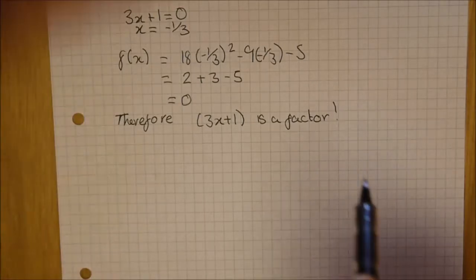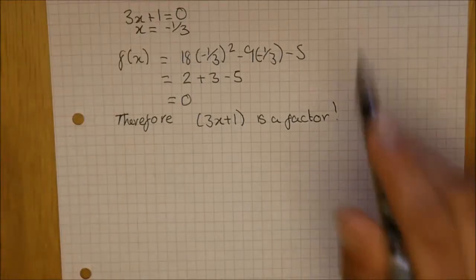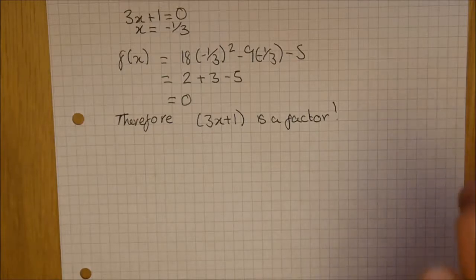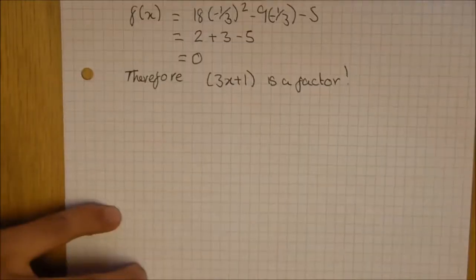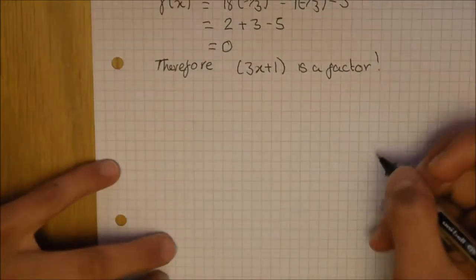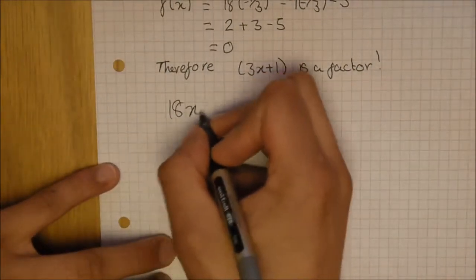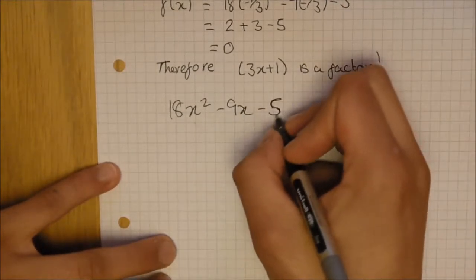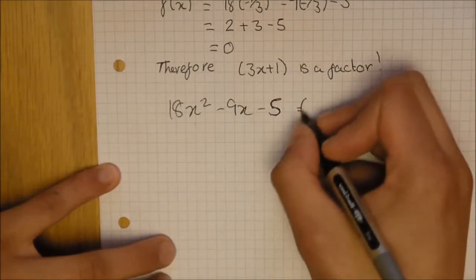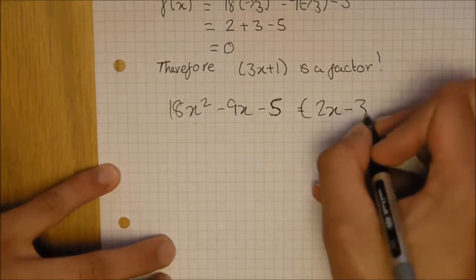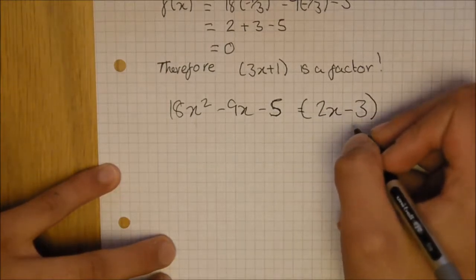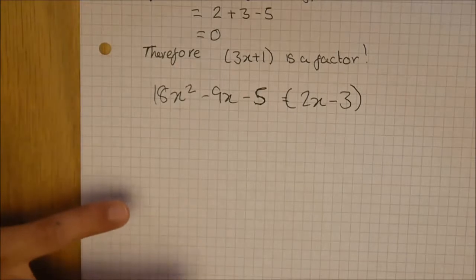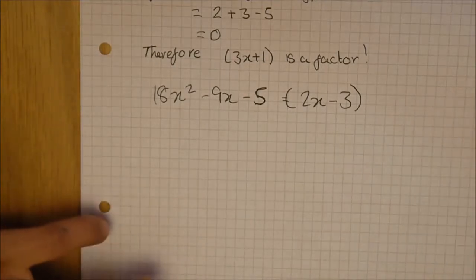Now briefly, before we continue to the next part of the question, I'm going to show you the remainder theorem, because the remainder theorem is exactly the same, just you're going to end up with a remainder effectively. So if we have our 18x squared minus 9x minus 5, but instead we have a bracket of 2x minus 3, well, this is going to cause us a bit of an issue because it doesn't go.